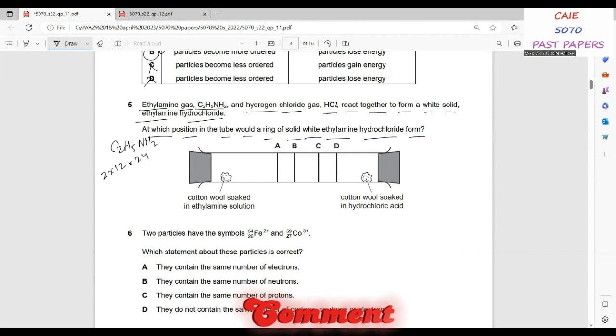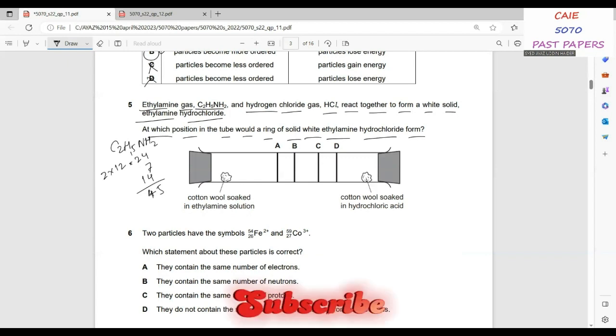We have 7 hydrogen atoms, and we know the Ar of hydrogen is 1, so 7 multiplied by 1 will be 7. Ar of nitrogen is 14, so I will write 14 here. If you add these up, we'll get 45 as the Mr of C2H5NH2. What about HCl?